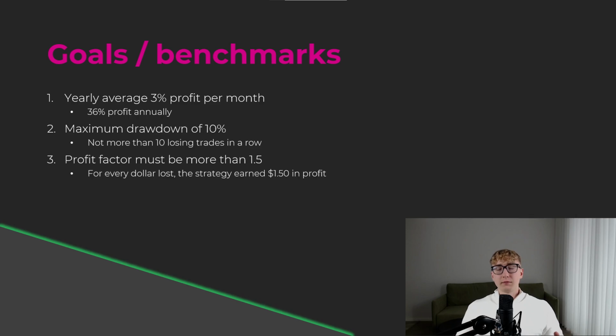In other words, it's 36% in pure performance annually. Secondly, the maximum drawdown shall not be over 10% at any time, so we assume we will not get more than 10 losing trades in a row. Thirdly, for an important strategy metric, the profit factor must be more than 1.5.